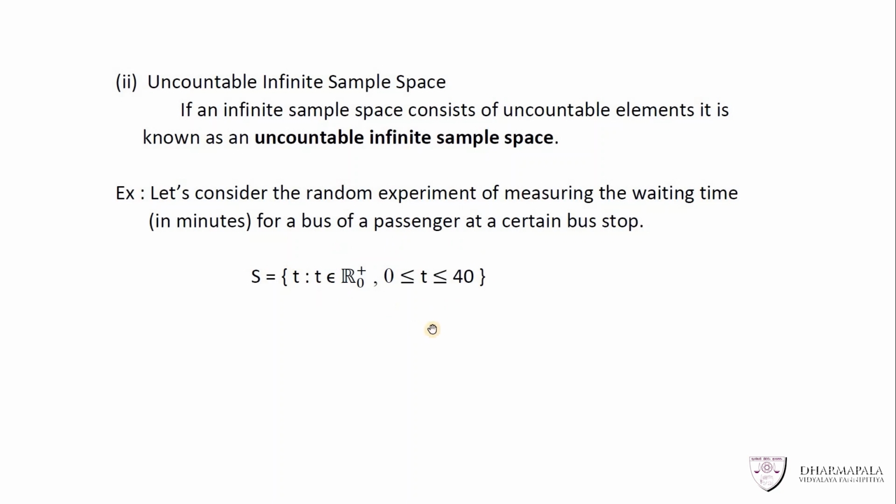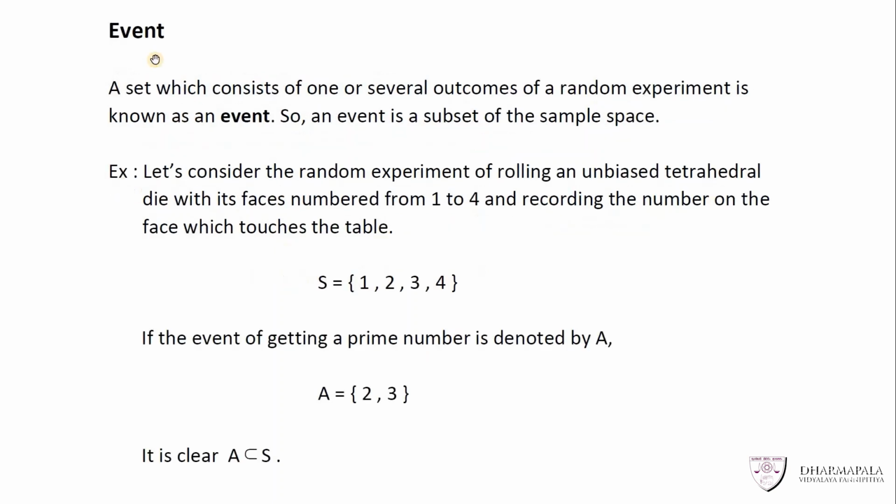So it is clear we won't be able to count the outcomes and the sample space is also infinite. So these kind of sample spaces are known as uncountable infinite sample spaces.